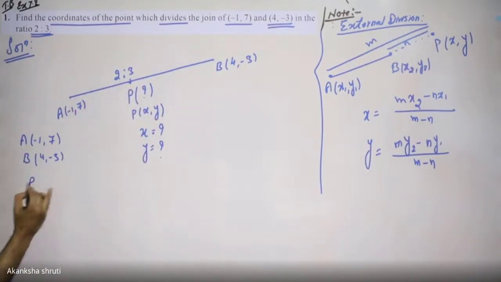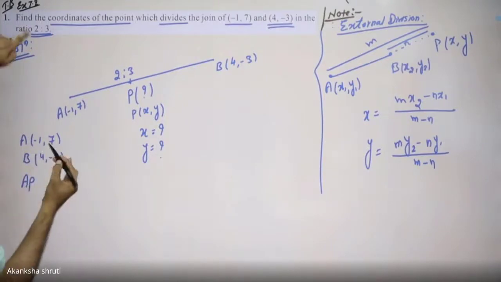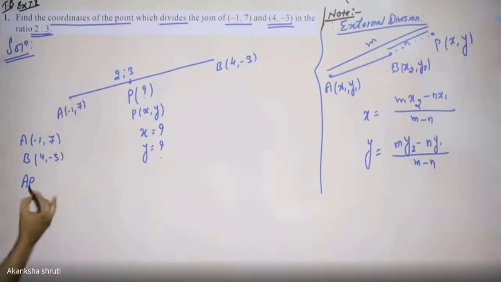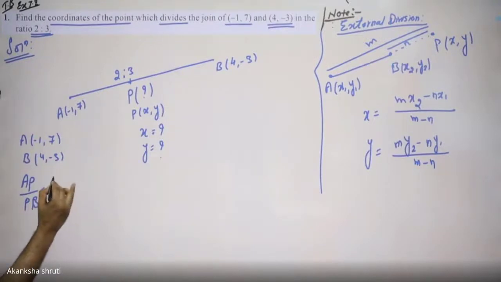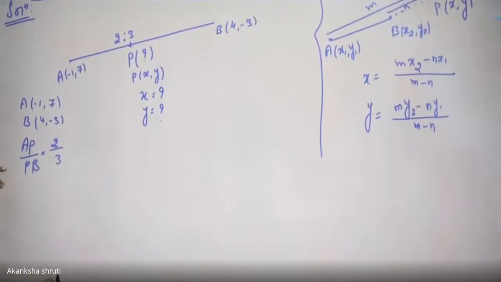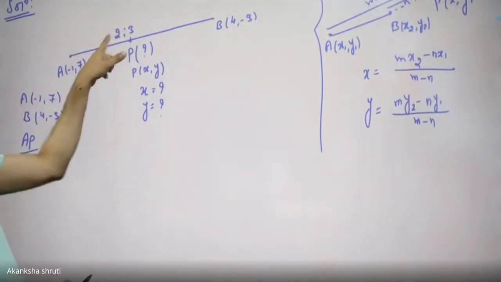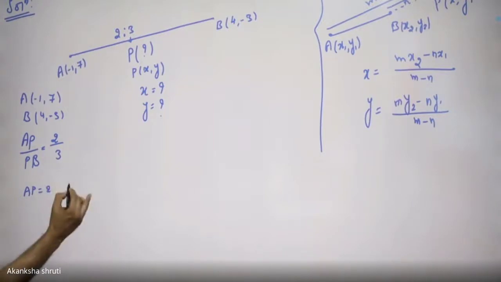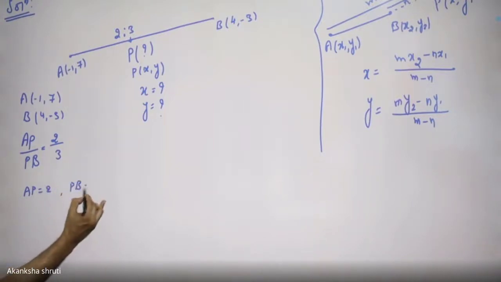So that AP, because the first one we are always taking with the first coordinate. So it is AP is to PB. This ratio is 2:3. Students, it may be possible that AP could be 2, then PB could be 3.